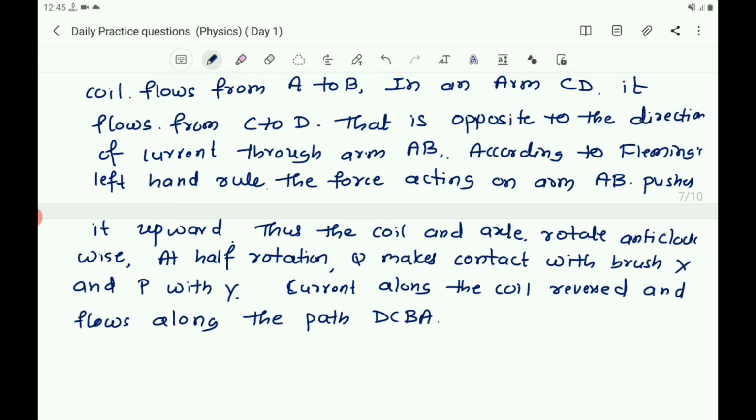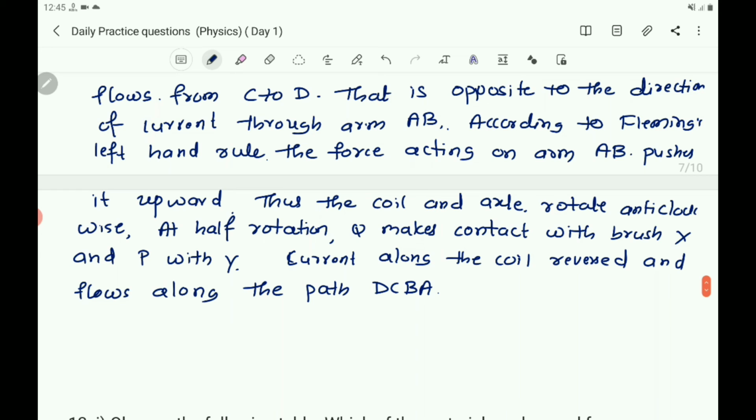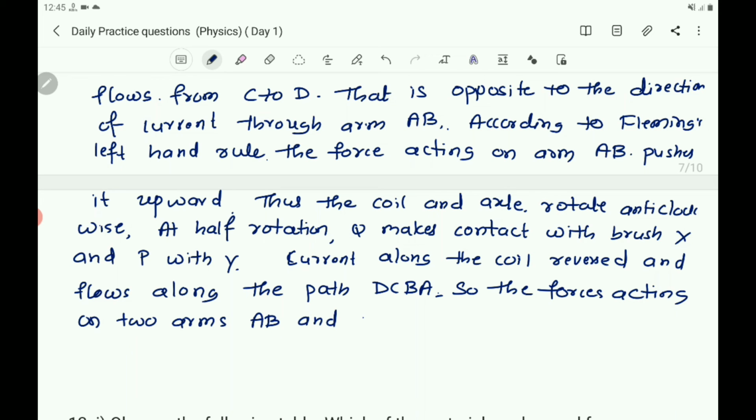The reversal of current also reverses the direction of force acting on the two arms AB and CD.